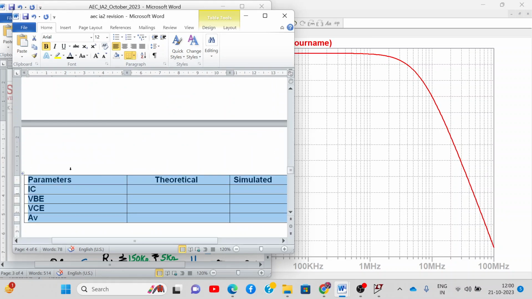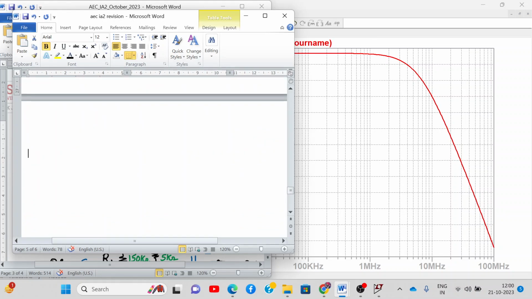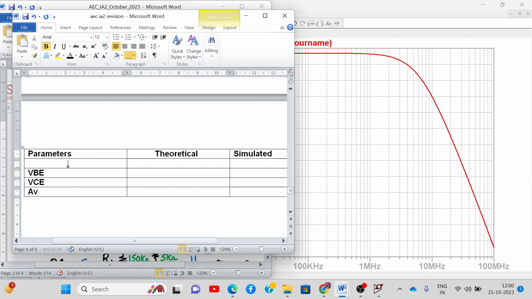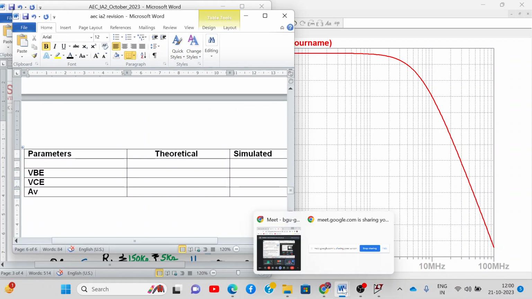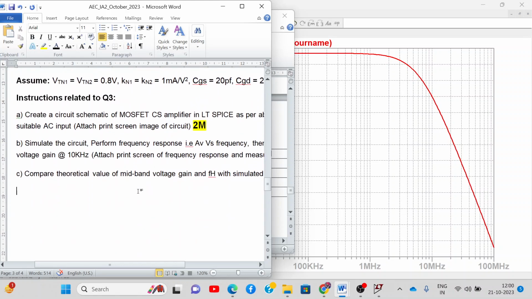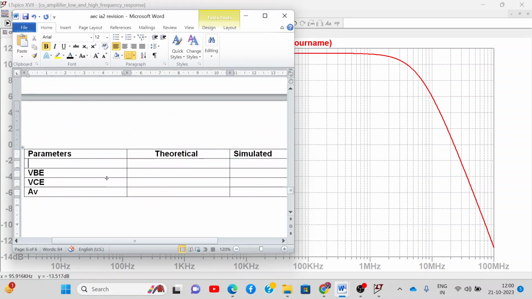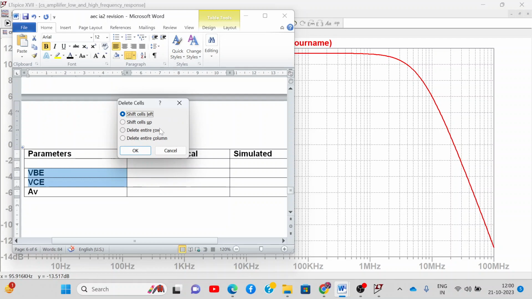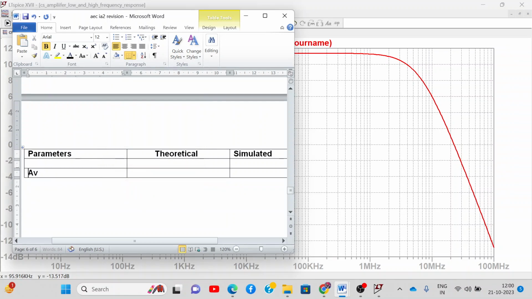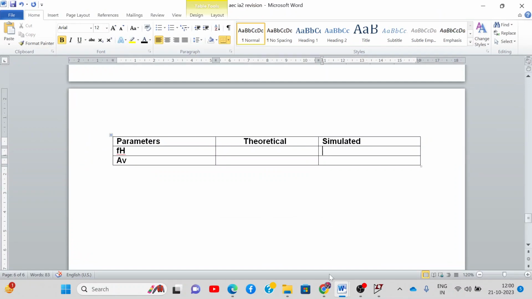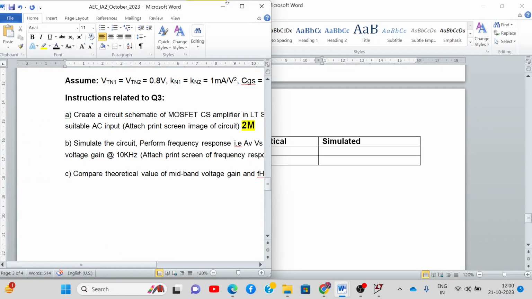Now the third case, you have to compare what was asked to you: midband gain, that is AV, and FH. So only two things you have to compare. So AV, these things I'll delete. Only two things I want, AV and FH. Simulated we already got it, 6.3 something we got, and theoretically. So this is what is expected for question number 3.